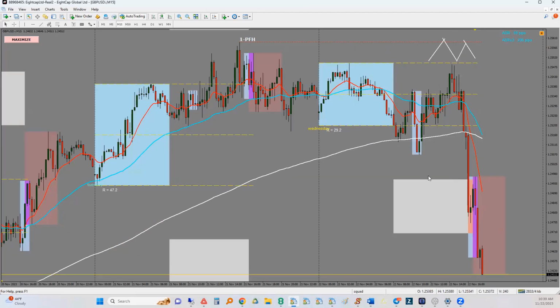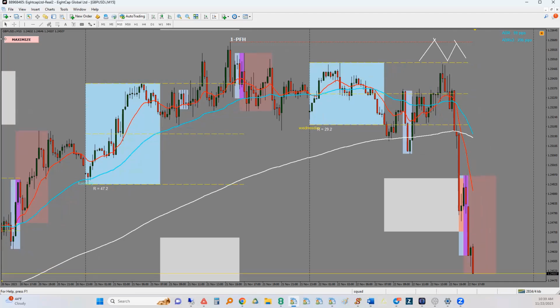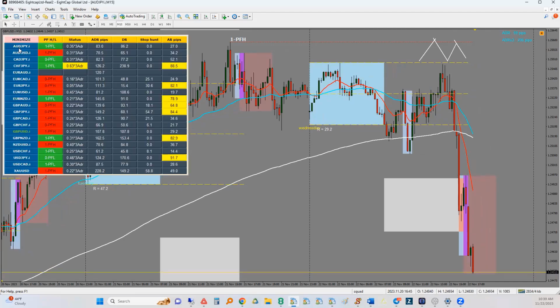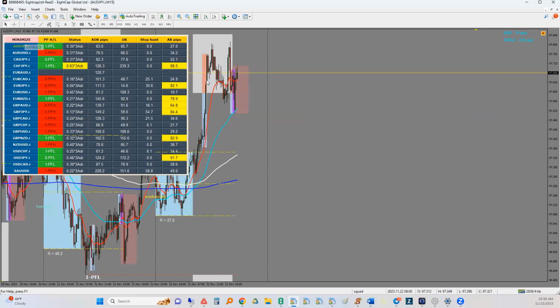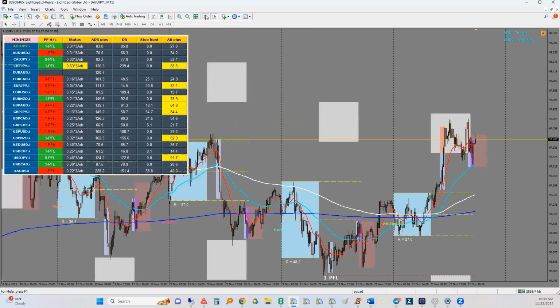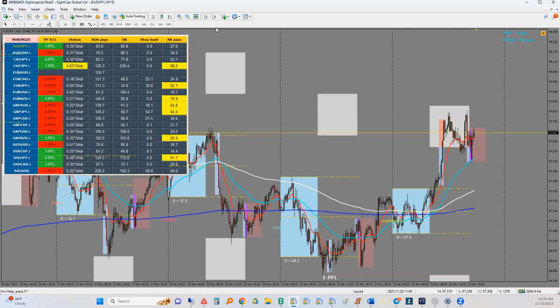So, flipping gears here, let me show you how I do my market analysis. I take a look at AUD/JPY. I like to zoom out so I can see the bigger picture. AUD/JPY says it's a peak formation low.